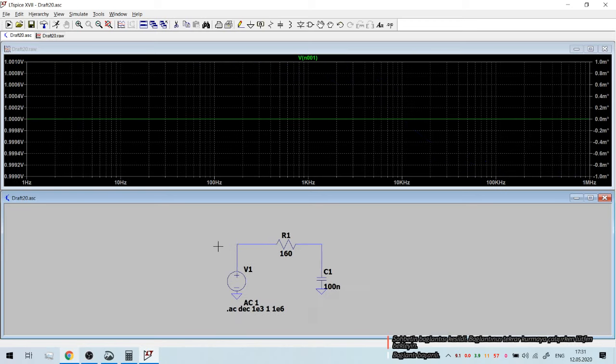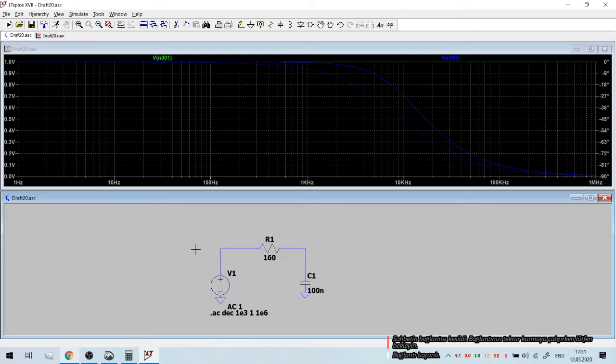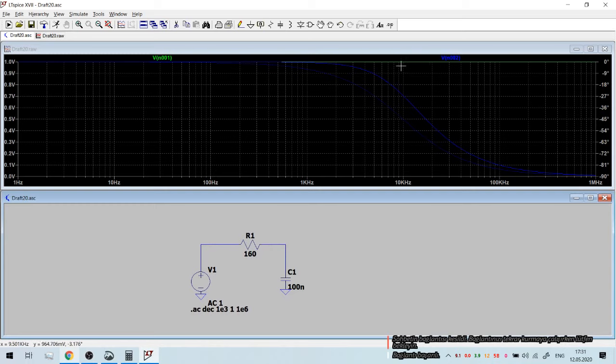If we use 1 volt peak to peak AC signal here, you can see the output peak to peak voltage will decrease, and it starts to decrease, minus 3 dB, at 3 kHz.